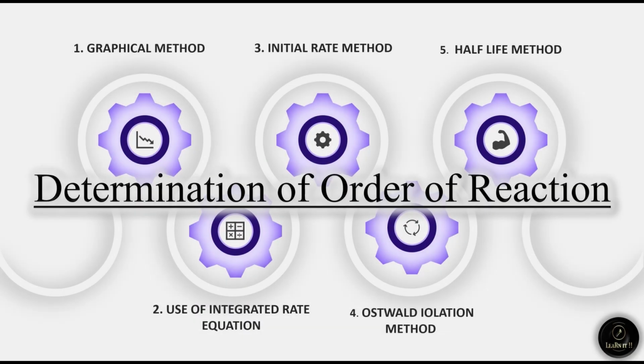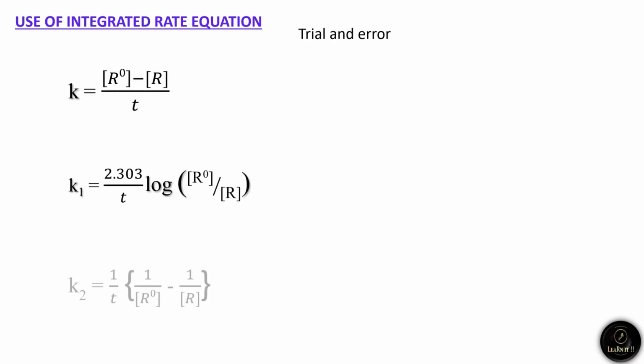Next method for the determination of order of reaction is use of integrated rate equation. This method is also called the trial and error method. In this method, the kinetic data is fitted into the equation for the correct order of reaction. The equation will give a constant value of rate constant for all the data points, that is concentration at different times. So consider one example.